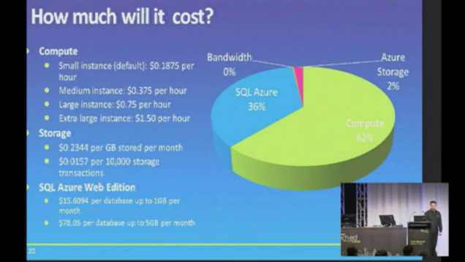So the underlying question around Azure as well is how much does it cost? So when I've been playing around with some architecture stuff, I've been looking at exactly where the cost goes. So as you'll see by my nice pie chart, the majority of the cost on Windows Azure is compute power. You pay per compute instance per hour. So if I commission a VM, I commission a processor or multiple processors.